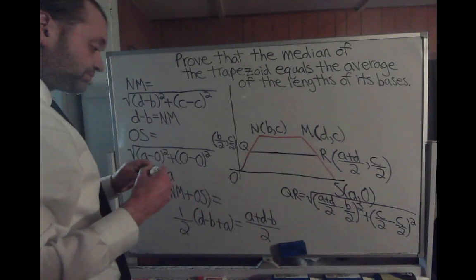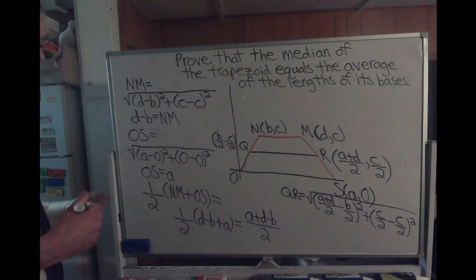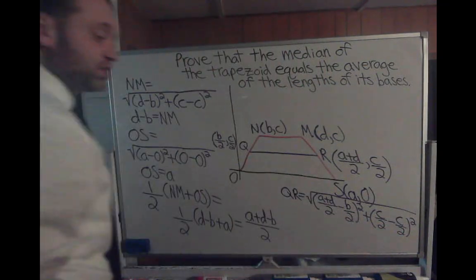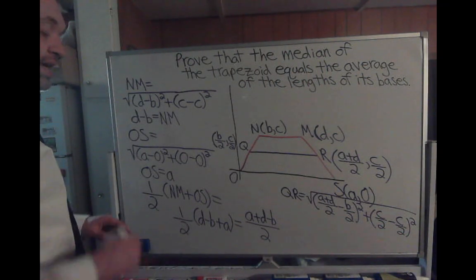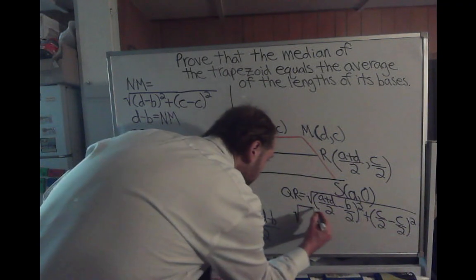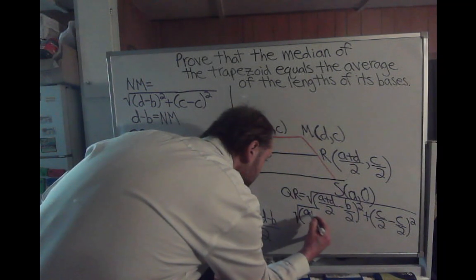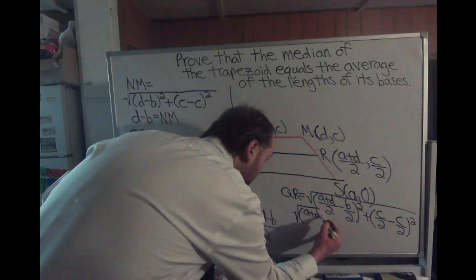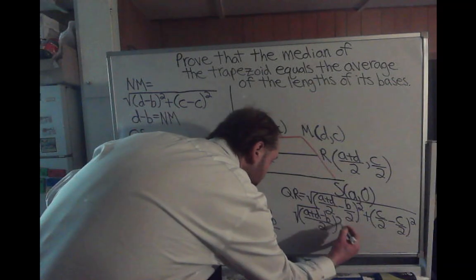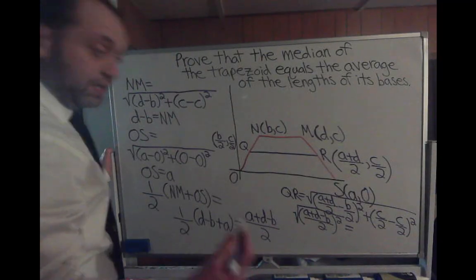Well, what would you have then? C over 2 minus C over 2, that's just 0. Forget about that. You'll end up with the square root of A plus D minus B all over 2 to the second power. The square root of that to the second power, what do you know?